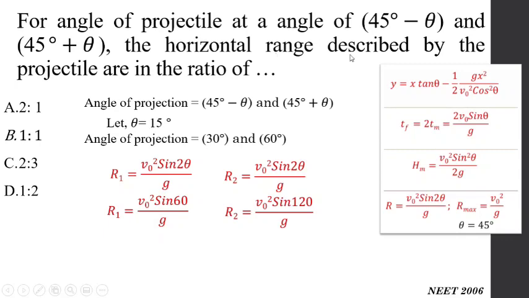The horizontal ranges described by the projectile are in the ratio of, that means we need to find the ratio. So R1 by R2 will be equal to sin 60 divided by sin 120 because V square by G will get cancelled from both sides. Sin 120 is nothing but cos 30 and both are equal to root 3 by 2. That is why the ranges will become 1:1. So the correct answer will be option B.